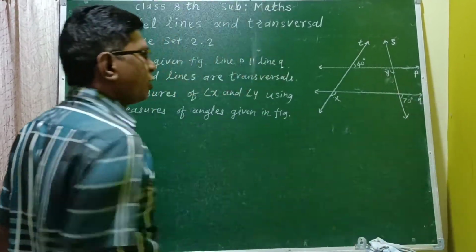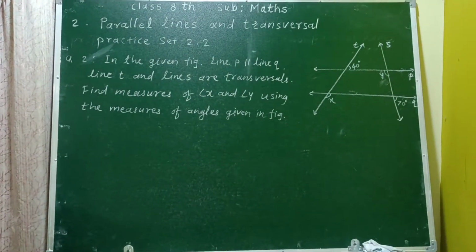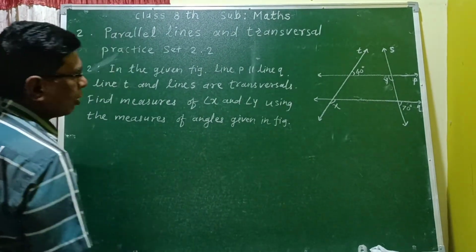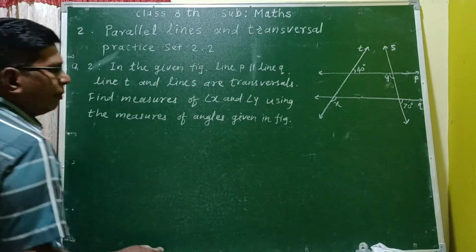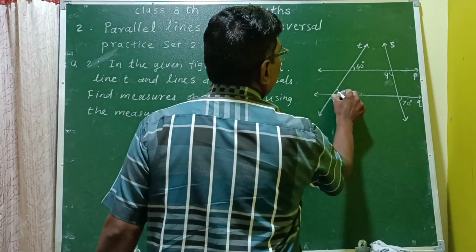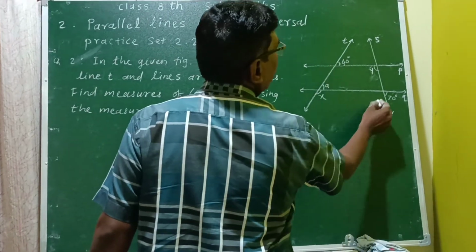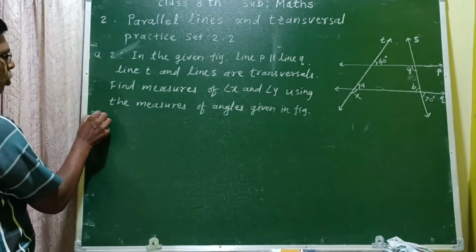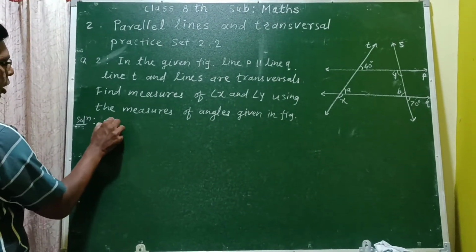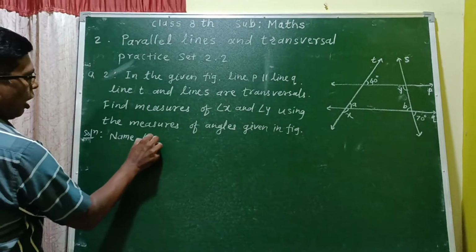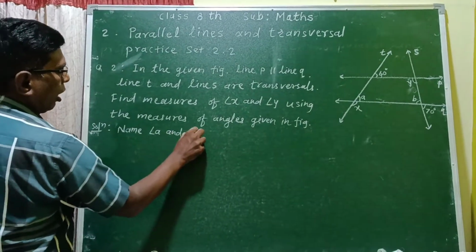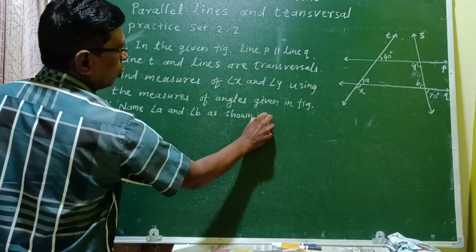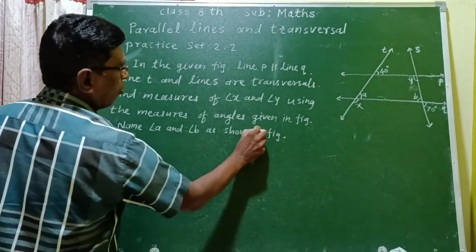Using these measures, we have to find the measures of angles X and Y. Solution. Name angle A and angle B as shown in the figure.